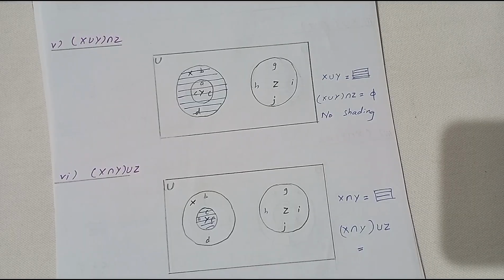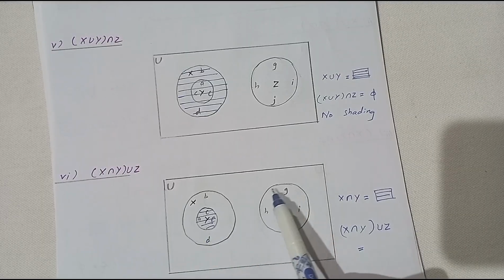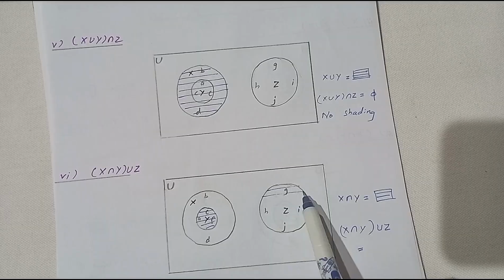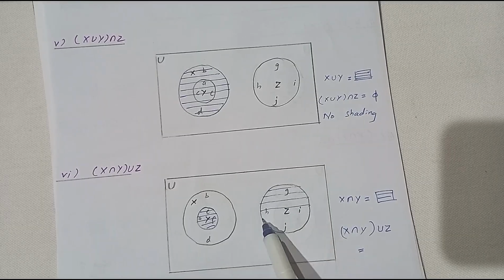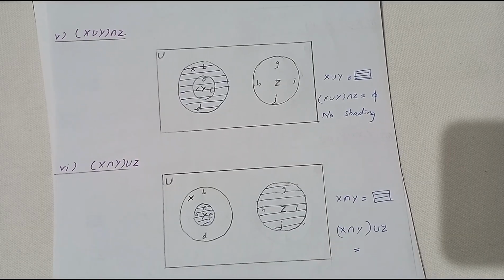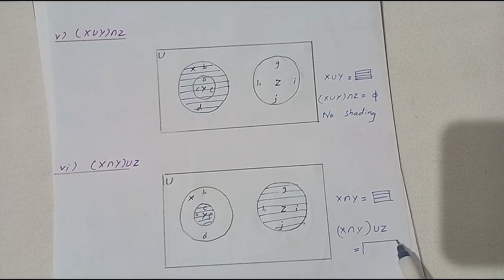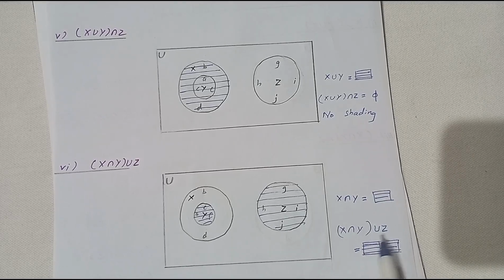It means the common part of x and y and union of z, all parts of z. So we shade z also with horizontal lines and represent this shading as all horizontal part. So the shading of x intersection y union z is the shading of y and z.